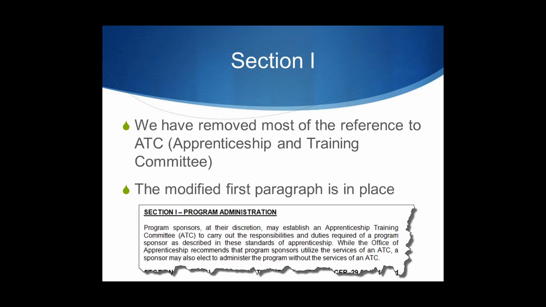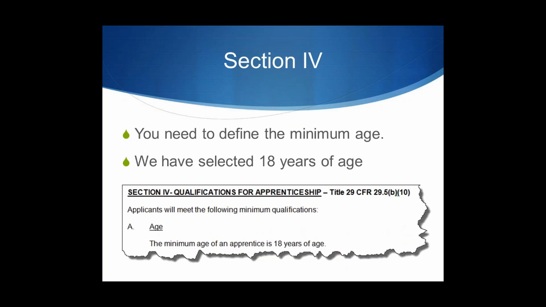As I'm talking here, you can read that, but what they're going to tell you is that they would encourage you to have an apprentice training committee at your organization. You have the choice of doing that. You can if you want to. For us, because of our size, we really have no need to do that. So most of the yellow section has been modified and all of it has been removed. The only thing remaining in section 1 is this paragraph. You can choose to do something different if you want, but that's what we decided.